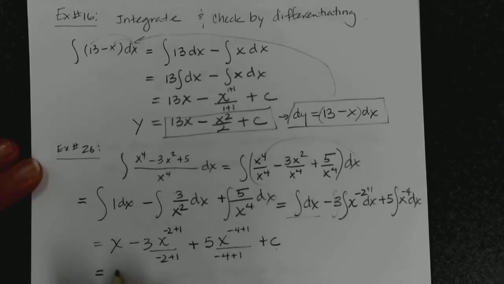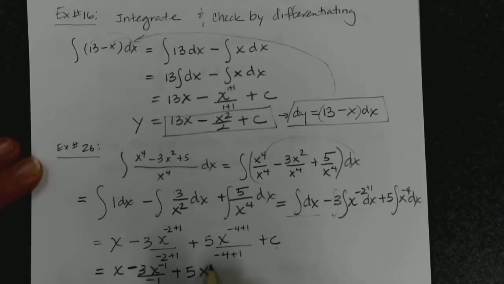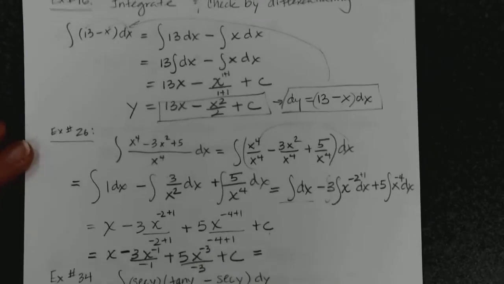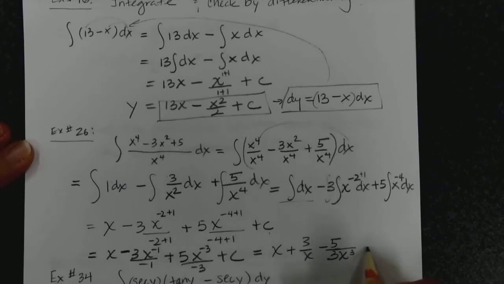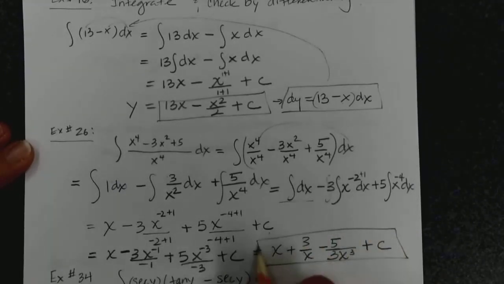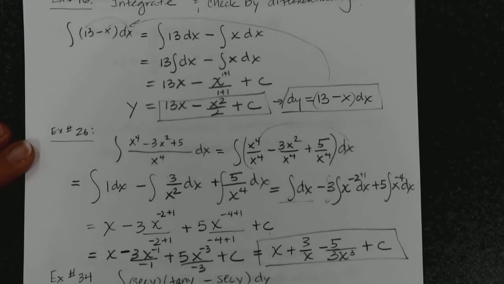So this simplifies to x minus 3 times x to the negative 1 over negative 1, plus 5 times x to the negative 3 over negative 3, plus c. And if I want to rewrite this and make it look pretty, this becomes x, this makes it a plus 3 over x, and this makes it a negative 5 over 3x to the third, plus c. And that's the integral of that function up there.